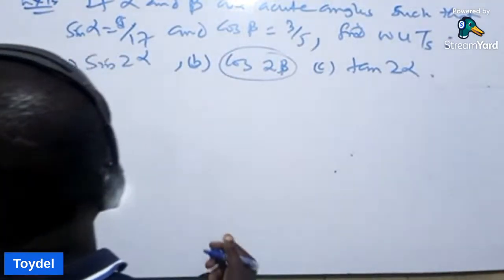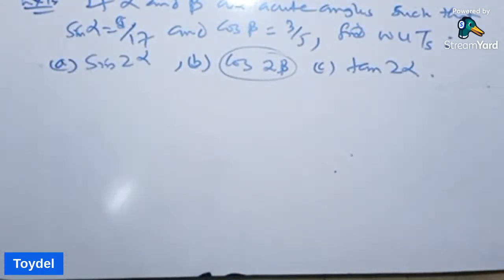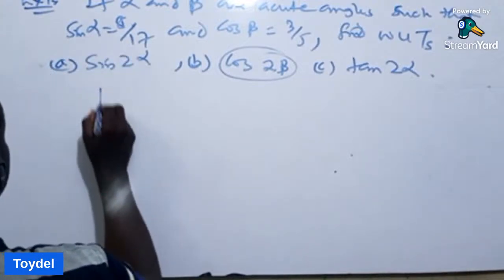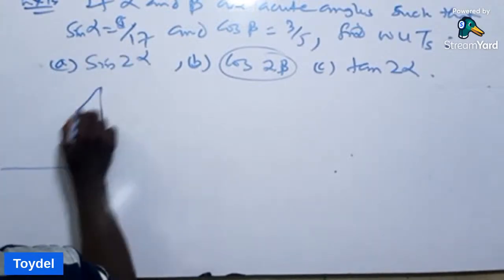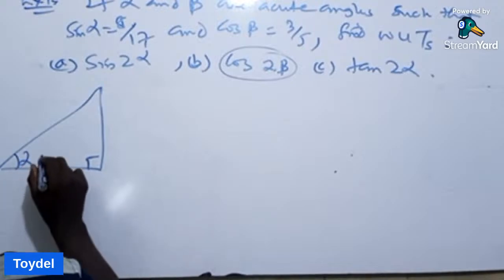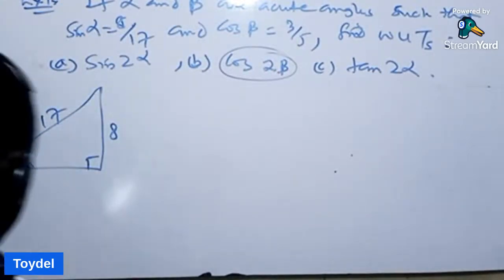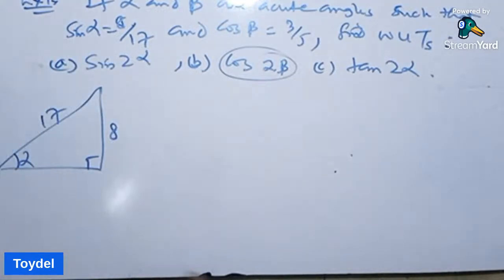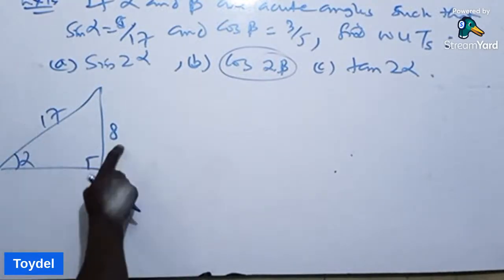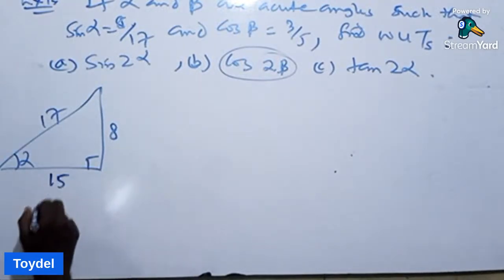So let's try and get the expressions. For this first one, if this angle is alpha, sine is opposite over hypotenuse. Of course, we have Pythagoras triples. If this is 17, this is 8, and here will be 15. We have done that before.